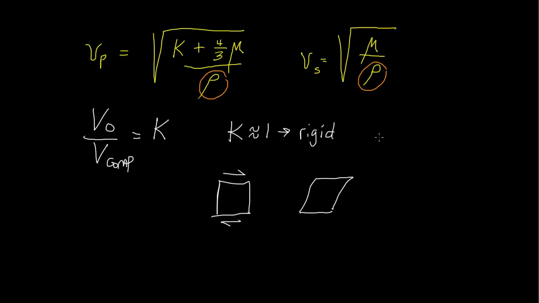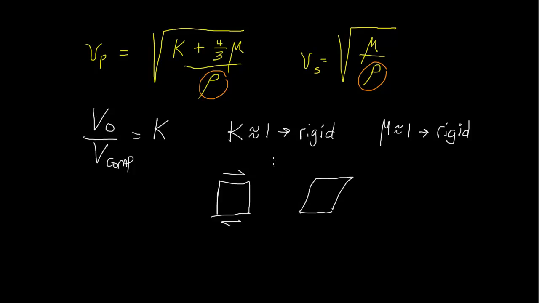When mu is approximately equal to 1, there's very little distortion, so the medium is rigid with respect to shear stresses. Whereas a medium with a relatively small value of mu deforms readily when we apply shear stresses to it.